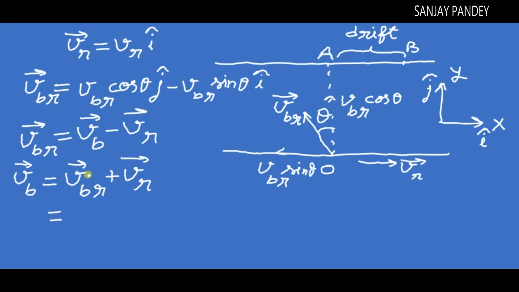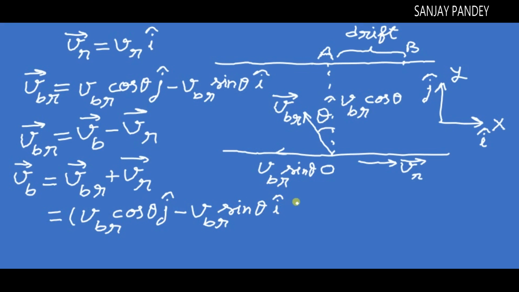Substituting the above values, we get VBR cos theta j cap minus VBR sin theta i cap plus VR, the value of VR vector, VR i cap.